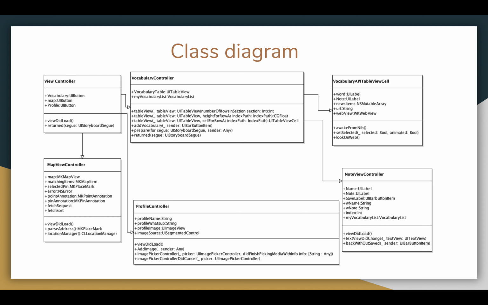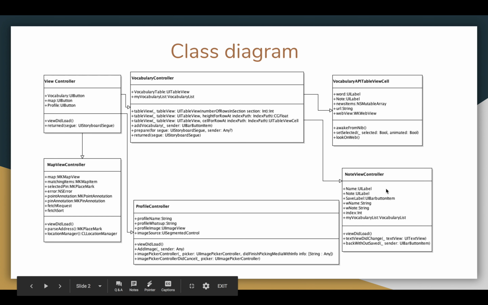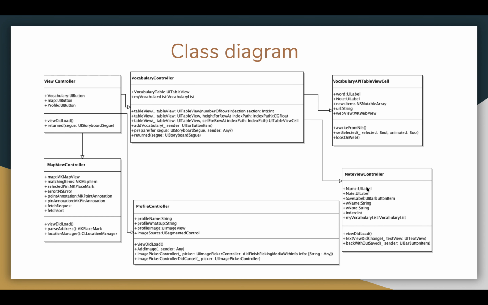The vocabulary controller here is made by a group of table views, and all the vocabulary are saved in core data. Once you click the vocabulary, it will take you to the notes view controller, where you can take notes for the vocabulary, change notes, and also see the vocabulary name here.